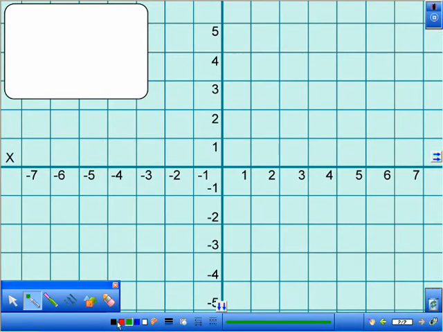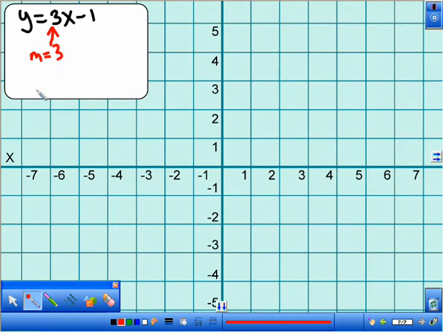If we have a problem like y is equal to 3x minus 1, well, comparing it to the slope-intercept form, we can see that our slope is 3. So our m value is equal to 3.